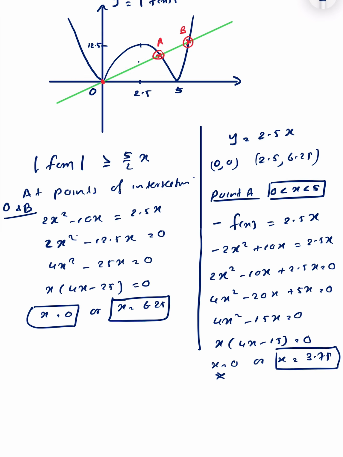So when do you think the given graph is above the green line here?